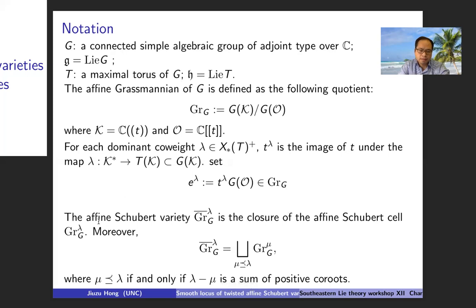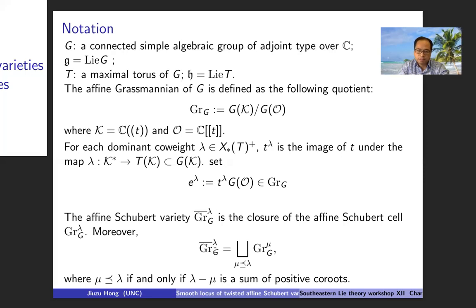And then the affine Schubert variety, G bar lambda, is defined to be the closure of the affine Schubert cell. So this is again the G(O) orbit at e^lambda. And there is a decomposition.